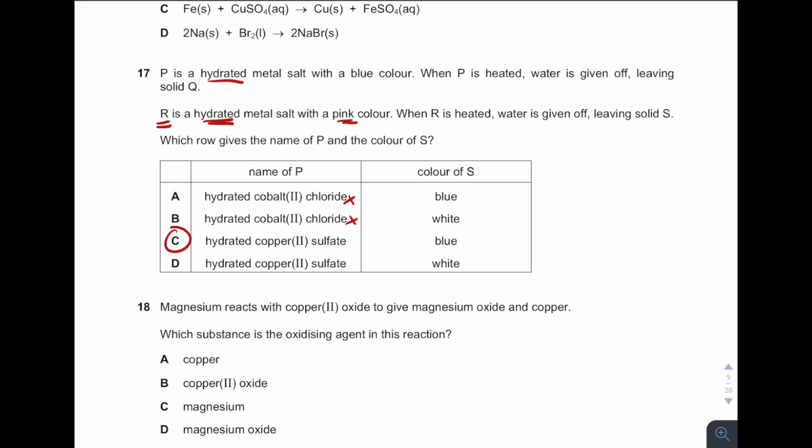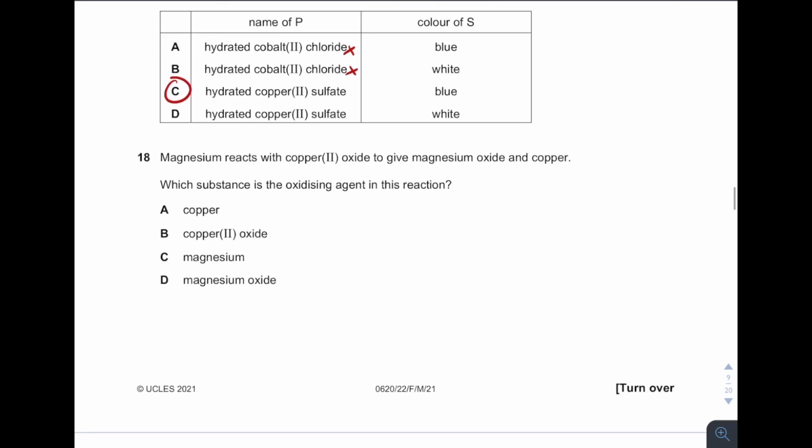Okay, 18. Magnesium reacts with copper(II) oxide to give magnesium oxide and copper. So which one is the oxidizing agent? See, magnesium reacts with CuO to form magnesium oxide and Cu. See, Mg to MgO, it gains oxygen, so it undergoes oxidation.